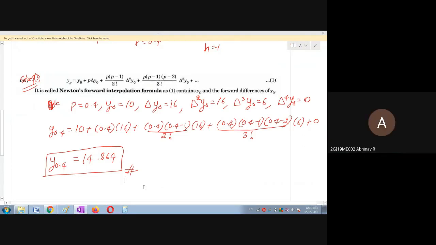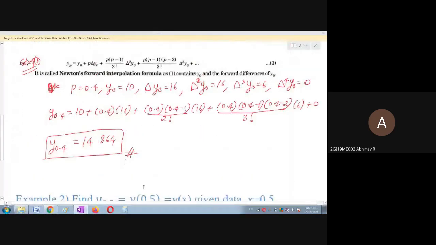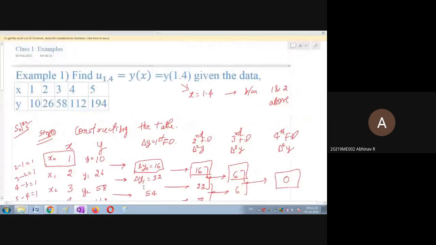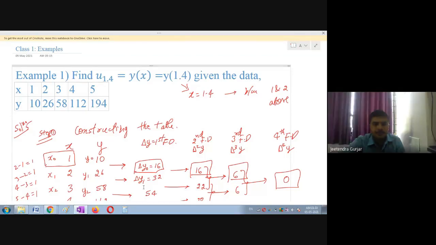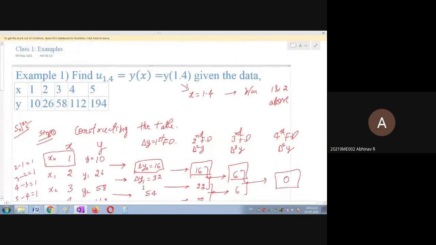Okay, then sir, the question again. The first one. Yes, beta, any doubt? Here they have told us to find y of 1.4, but we are finding y of 0.4.